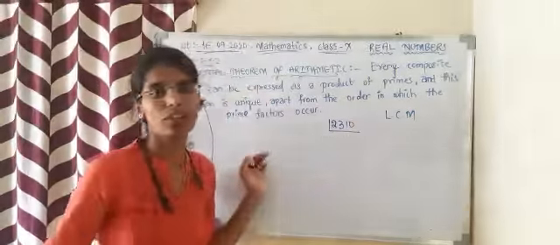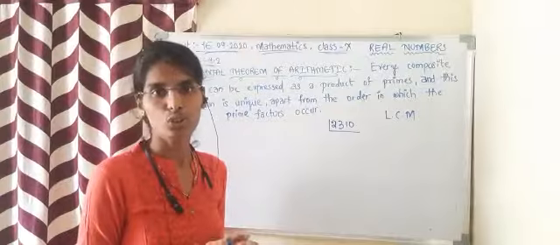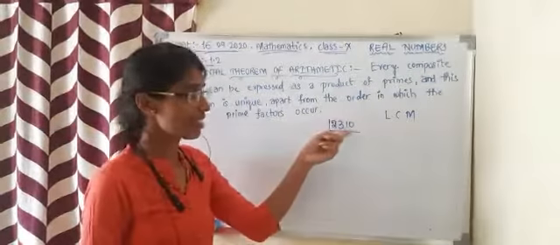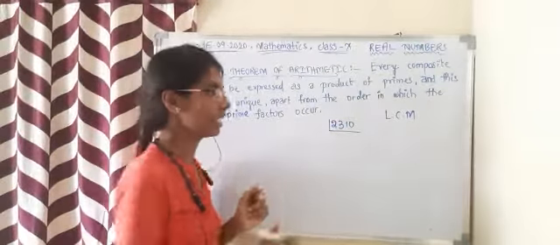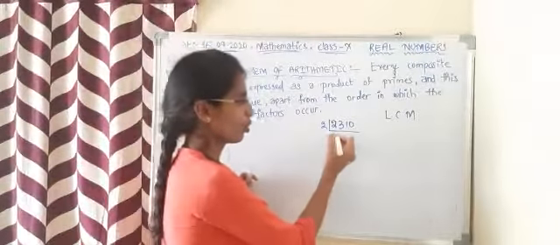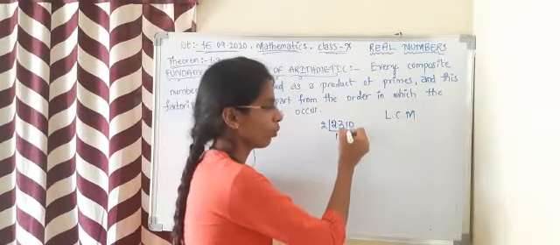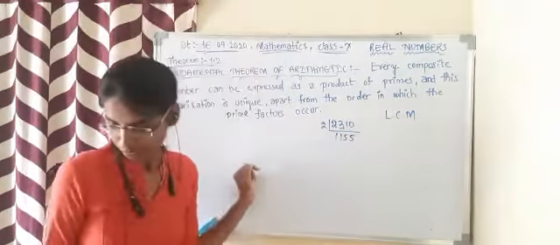First, we cannot use the 1 table to solve LCM. As this is an even number, we shall take the 2 table. 2 ones are 2, again 2 ones are 2, 1 will remain here, 2 fives are 10, 1 will remain, 2 fives are 10.